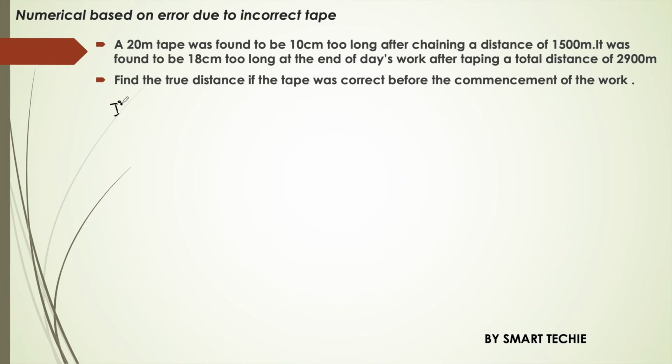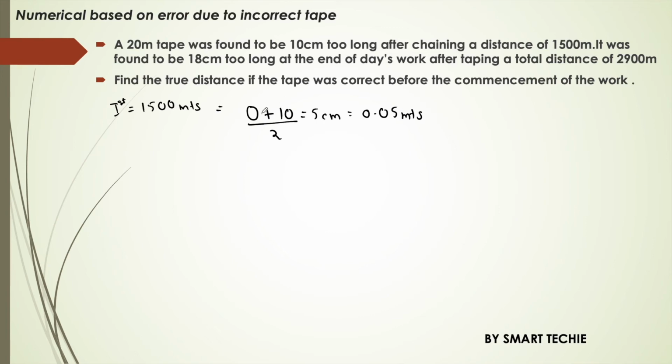First case, I'll just consider a distance of 1500 meters. So in this case, what will be my error? I'll find the average of it. For example, if I have started with 0 meters and it is coming 10 centimeters too long, then divided by 2, my error will be 5 centimeters, that is 0.05 meters.